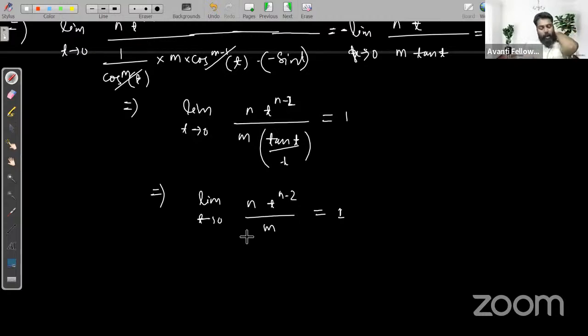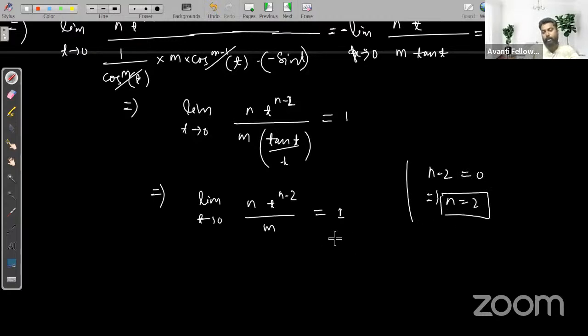If n minus 2 is 0, then n is equal to 2. See, if n minus 2 is equal to 0, then n is equal to 2, or for this right hand side to be 1, m must be 2.